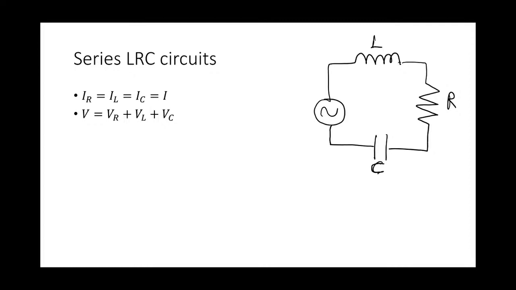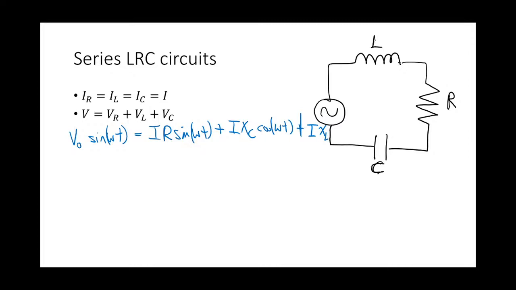So let's get back to this lovely thing here. What we had was V0 sine omega t, which is still there, and then you have IR sine omega t plus IXC cosine omega t plus IXL cosine omega t, like that.